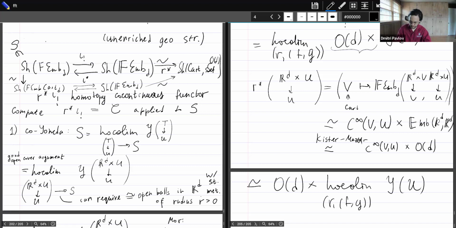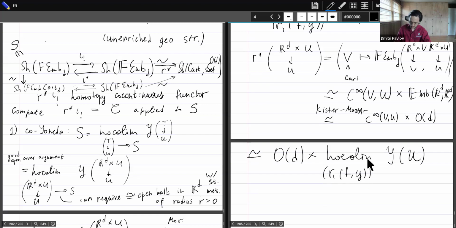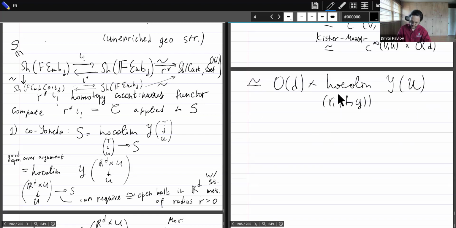Okay. So how can we compute the homotopy co-limit of a diagram? This is just an ordinary category, by the way. A diagram of sets, or in our case, presheaves of sets. Well, the homotopy co-limits of presheaves are computed object-wise.